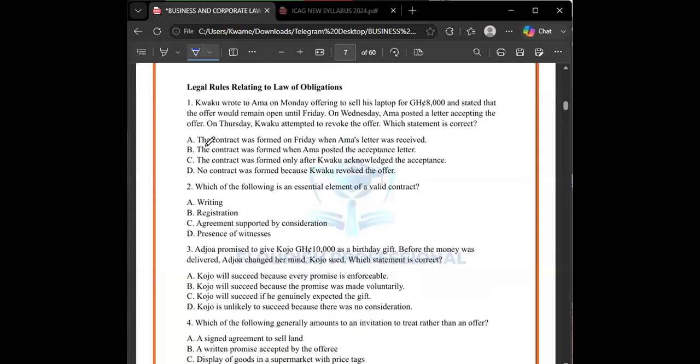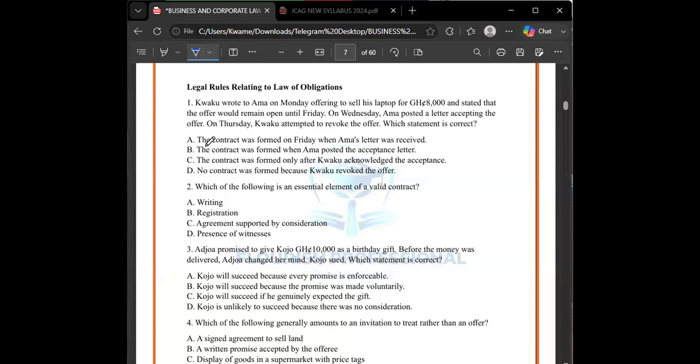Kweku wrote to Ama on Monday offering to sell his laptop for 8,000 Ghana cedis and stated that the offer will remain open until Friday. On Wednesday, Ama posted a letter accepting the offer. On Thursday, Kweku attempted to revoke the offer. Which statement is correct?